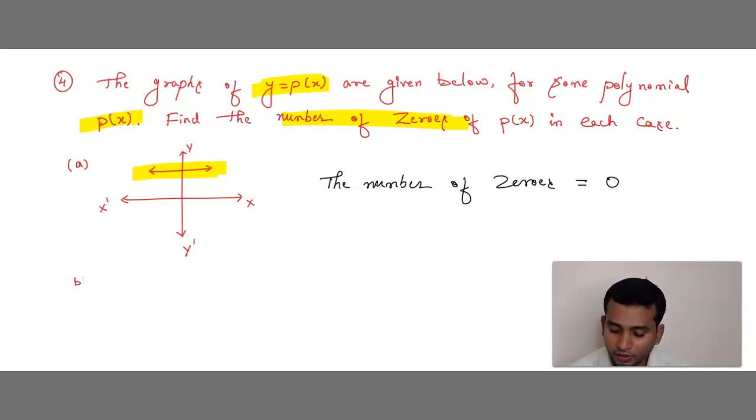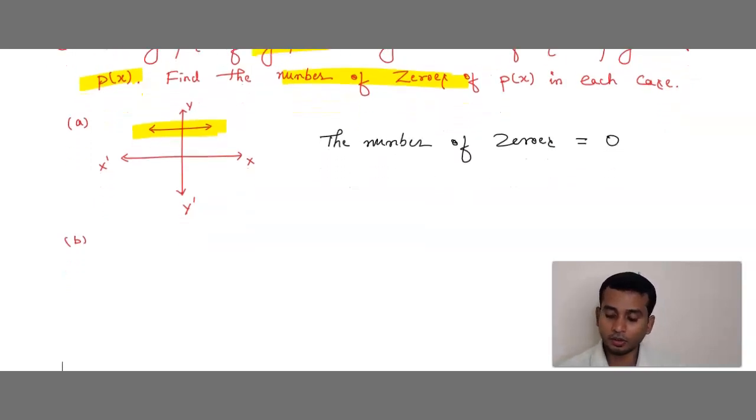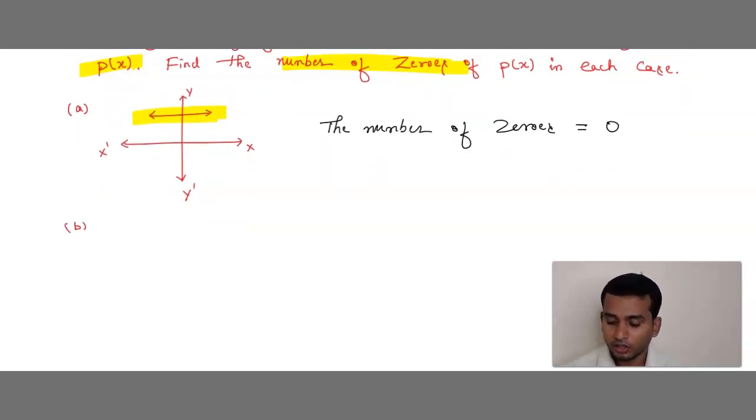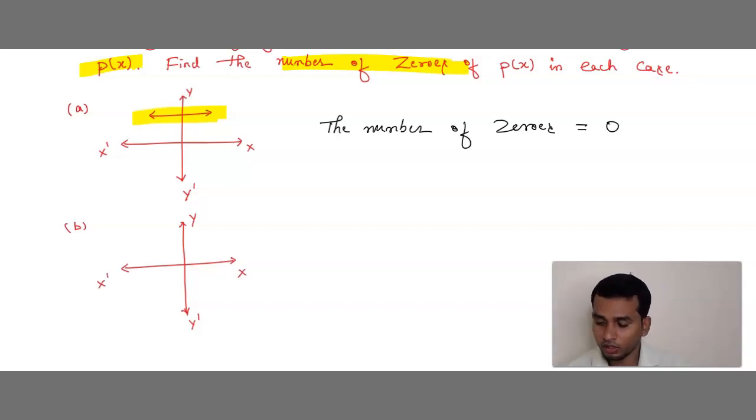Now shall we try one more problem? Here we can see this is our y-axis, and y dash means negative, and this is our x-axis, x dash. Now this is the nature of the graph.